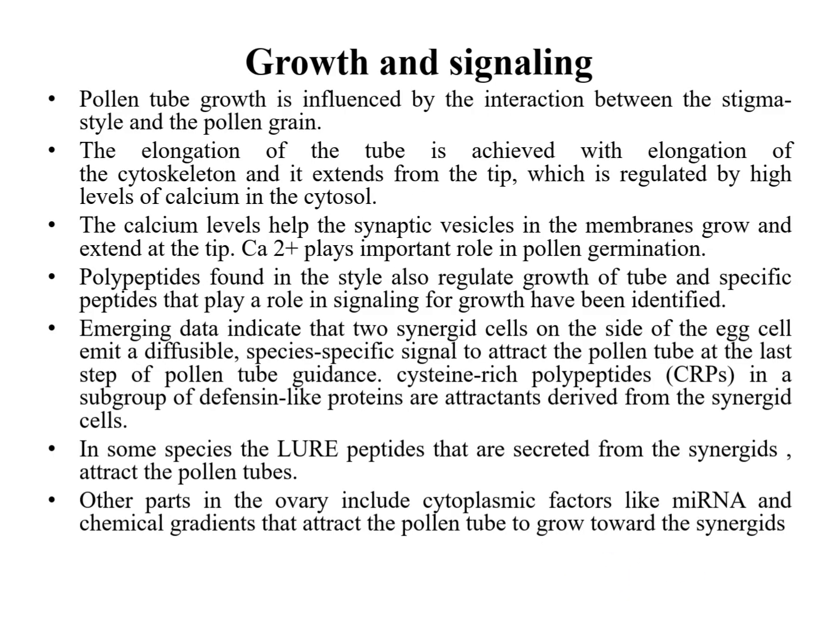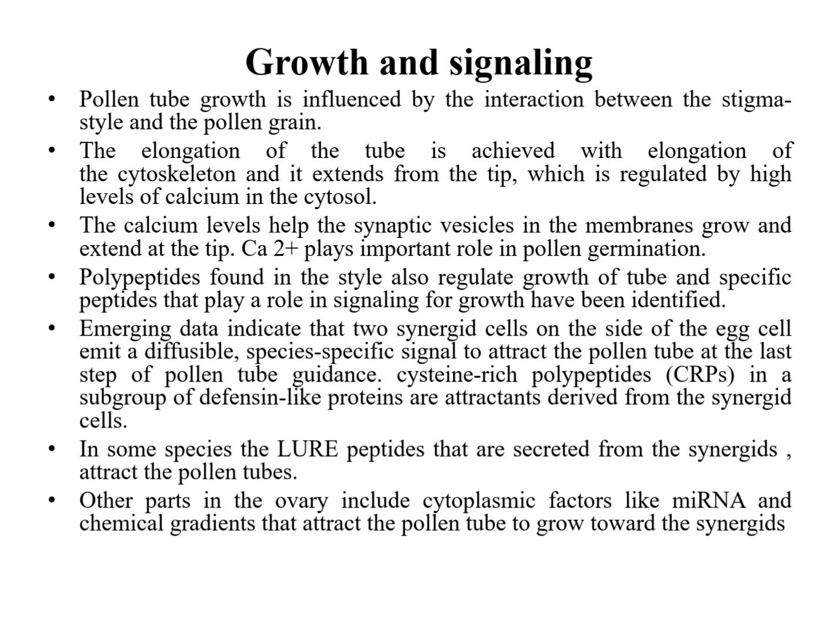Next, growth and signaling. The pollen tube growth is influenced by interaction between stigma, style and pollen grain. The elongation of the tube is achieved with the elongation of the cytoskeleton, and it extends from the tip, which is regulated by a high level of calcium. So the role of calcium is very vital here.